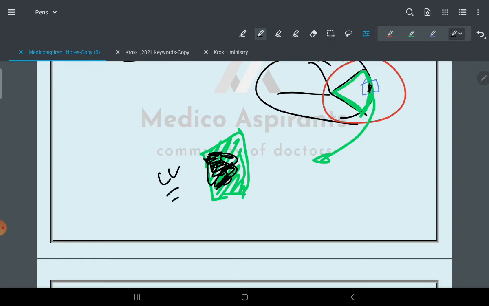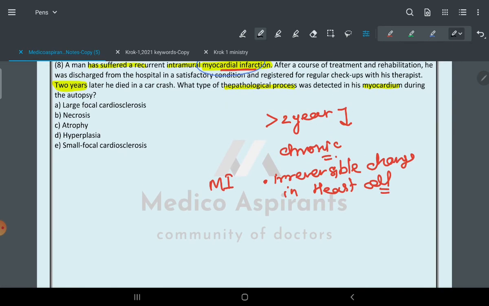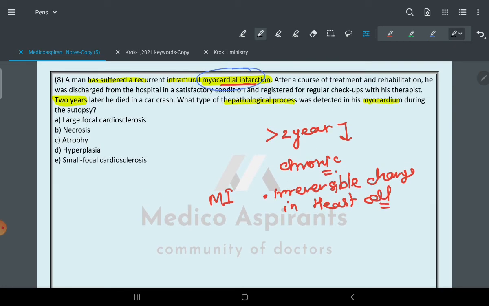So now I think it is clear for you. I use black color to mean there is cell death while going through the myocardial infarction. Cell death itself is necrosis, or you can simply assume that whenever there is intramural myocardial infarction, the inner wall of the left ventricle or the heart chamber may be affected.